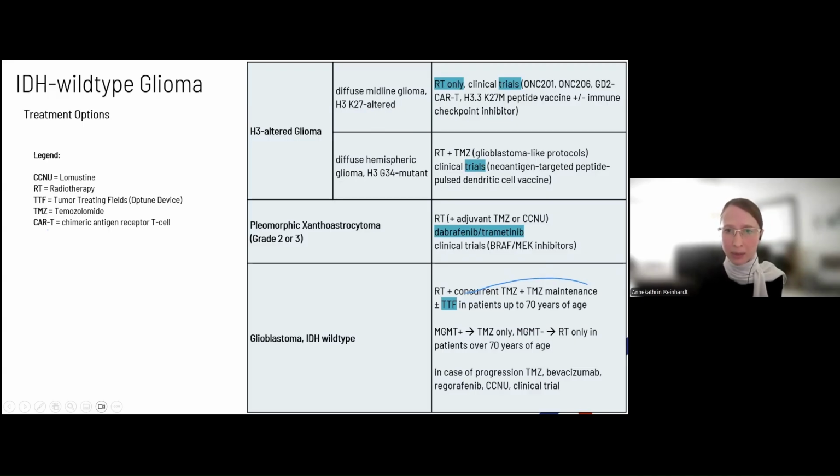You can also give peptide vaccines against this K27M mutation, and you can also combine them with checkpoint inhibitors. But this is only in the framework of clinical trials at the moment.